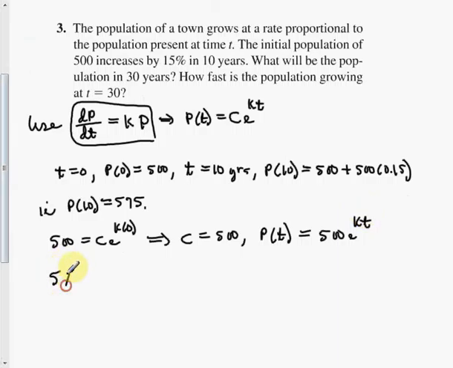So we have 575 is equal to 500 times e to the k times t, where t is 10, so 10 times k. Solve for k. We're going to divide both sides by the 500. 575 over 500 is equal to e to the 10k. Take the natural log of both sides.